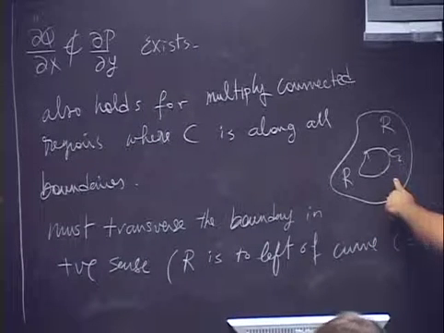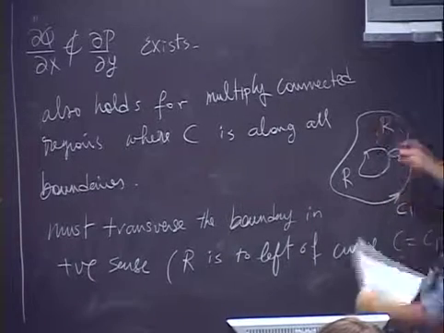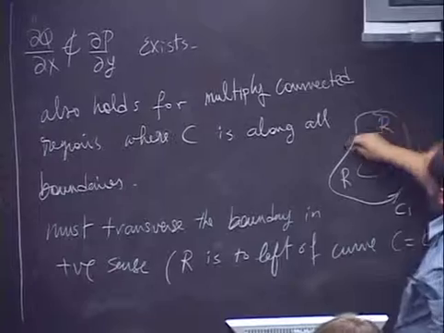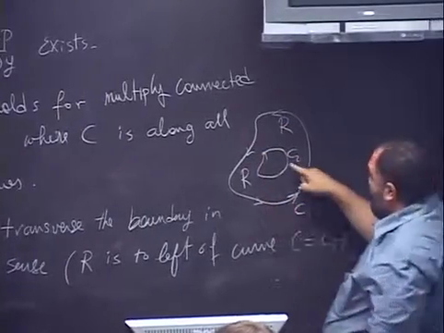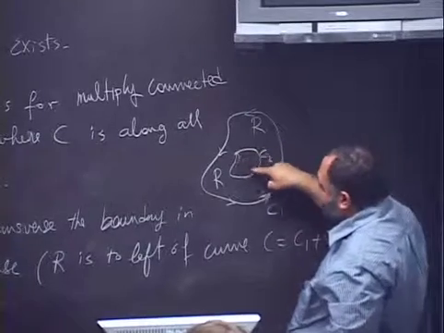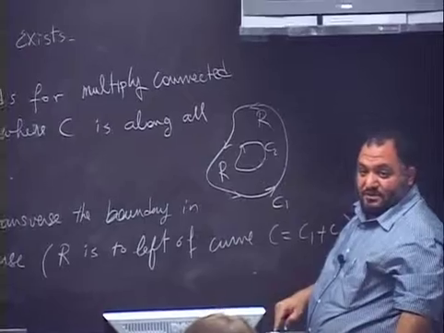Region R is not to my right, it's to my left. Then when you go here, you have to go in the opposite direction so that the region R is to your left. Do you understand?